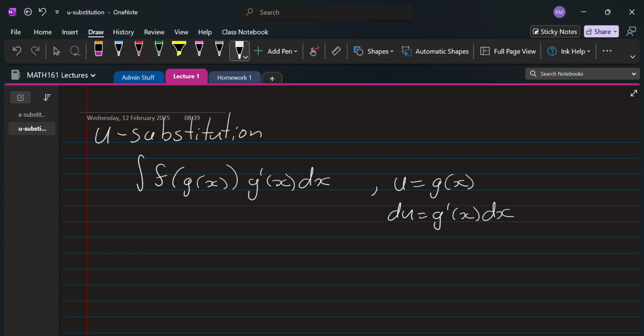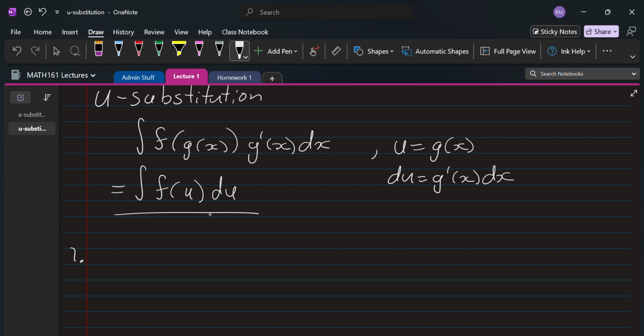From now on, I'm going to leave out the du by dx. Everyone should know how to find that. So this now becomes the integral f of u, since g of x is u, and then g prime of x dx, that's just du. And we end up with the simpler form. We've seen that from yesterday.